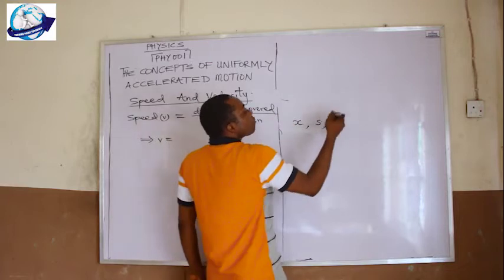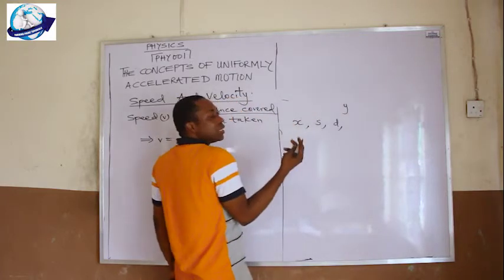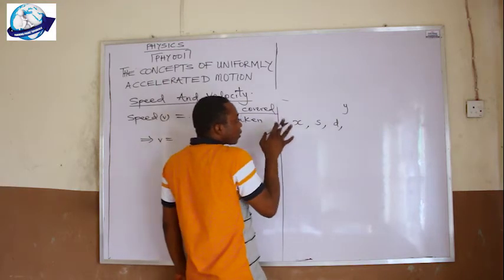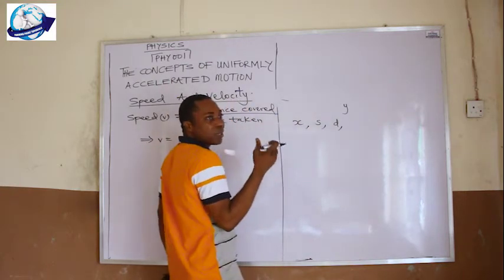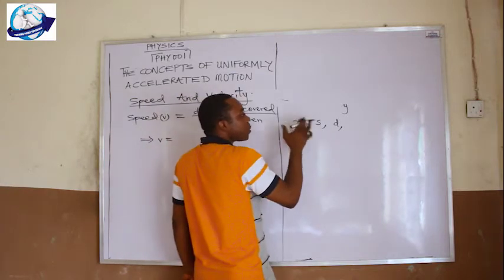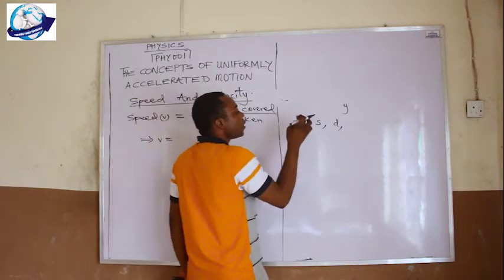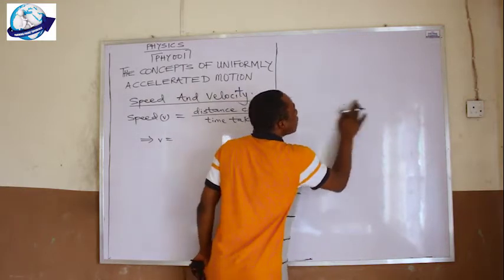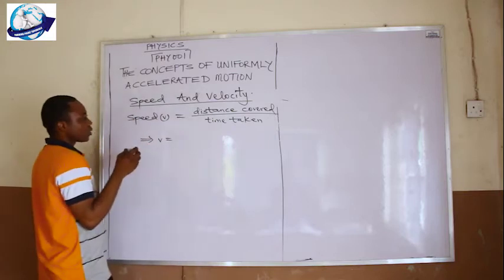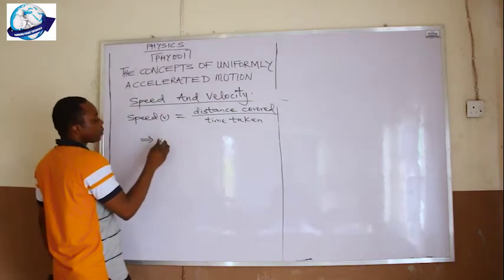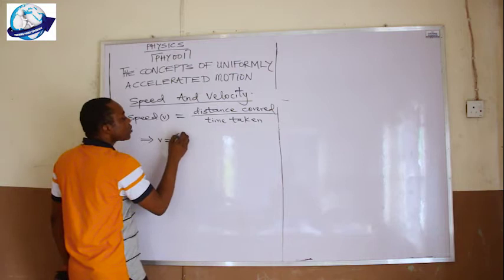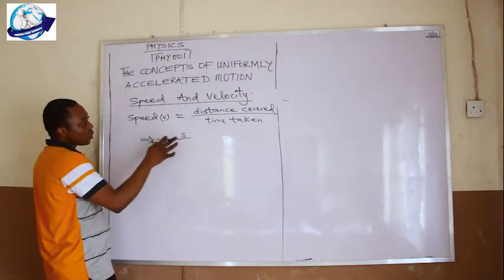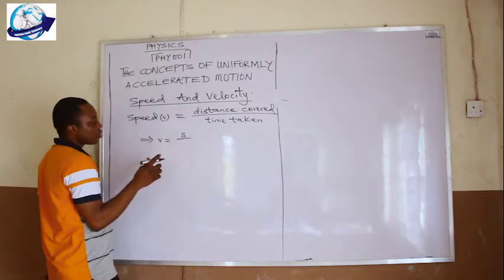For the purpose of our class, we want to make use of small letter s for distance as well as for displacement. Let's not create confusion in your mind. Just use s as the symbol for distance in this class.